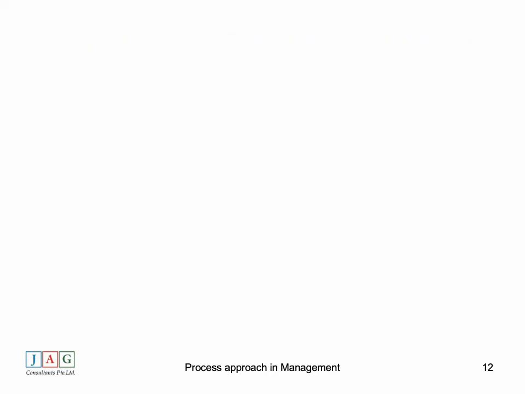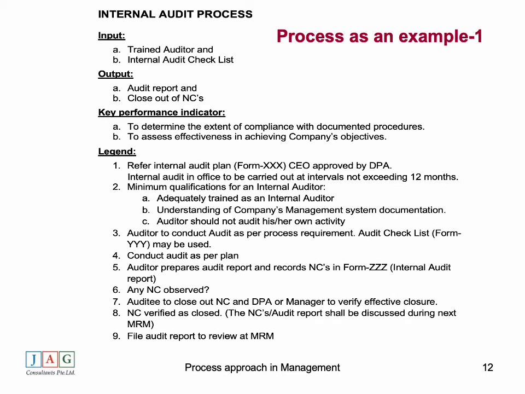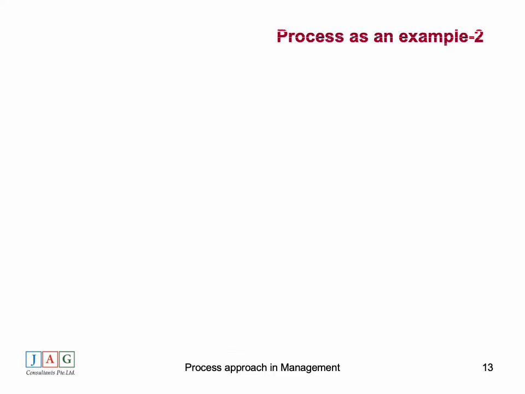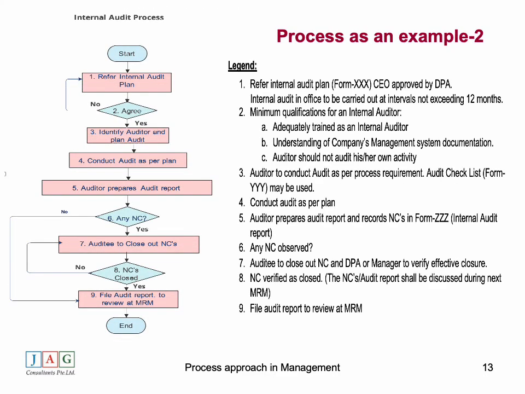Now, if you look at some examples, we have taken the internal audit process. These are some inputs. These are the outputs. These are some indicators. Now, this is a legend out here. I've taken it up to the next page to show you what exactly this legend means. This legend matches with these blocks out here, 1, 2, 3, 4, 5, 6. So this is a description of what needs to be done in each.